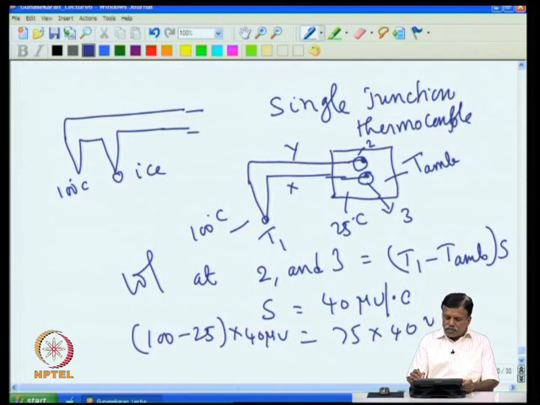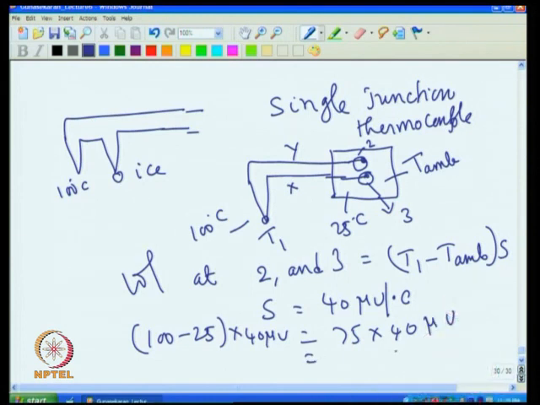That comes to 3 millivolt as output voltage, corresponding to 75 degree only.